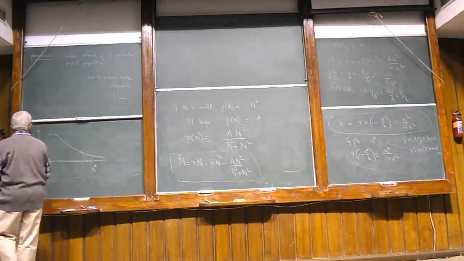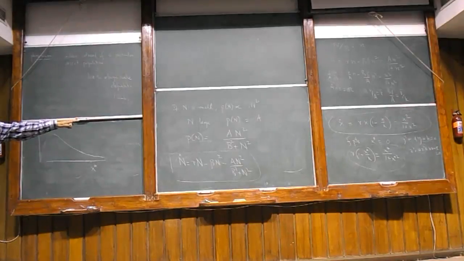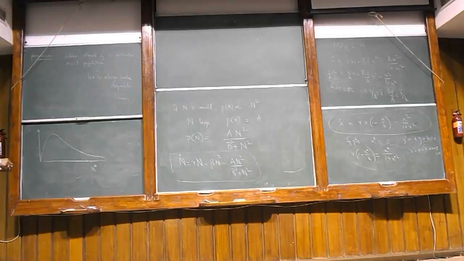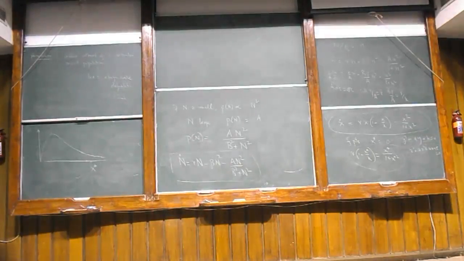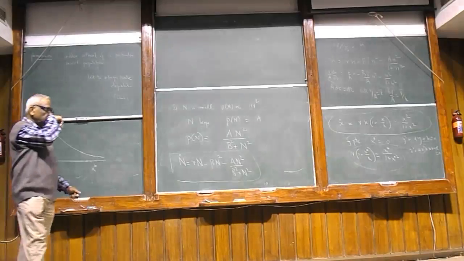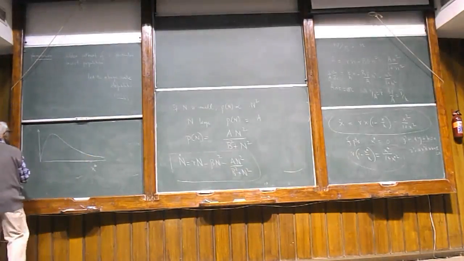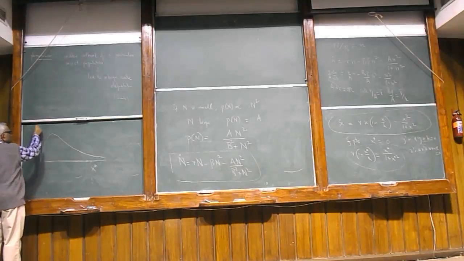Then there is the other function, a straight line which will go to 0 at x star equal to k. So it will go to 0 at x star equal to k, and at x star equal to 0, it has a value of r. So r can be here, here, or here.